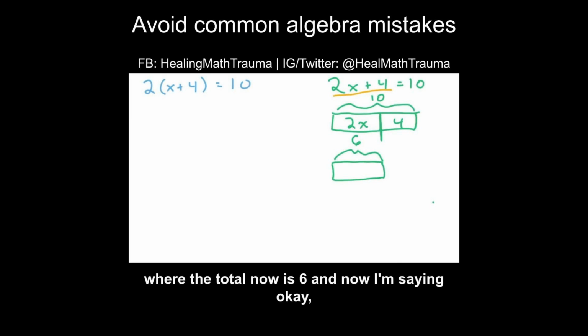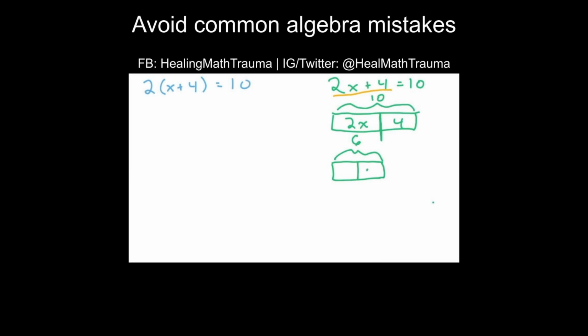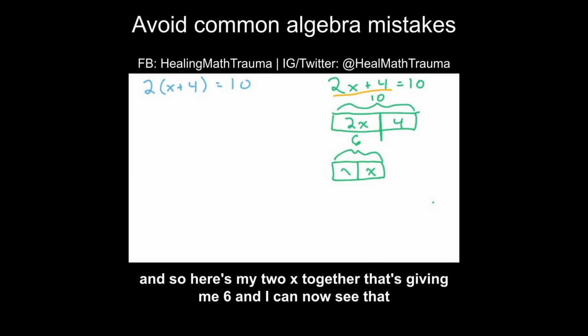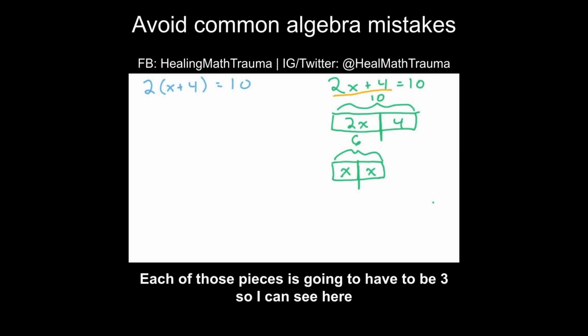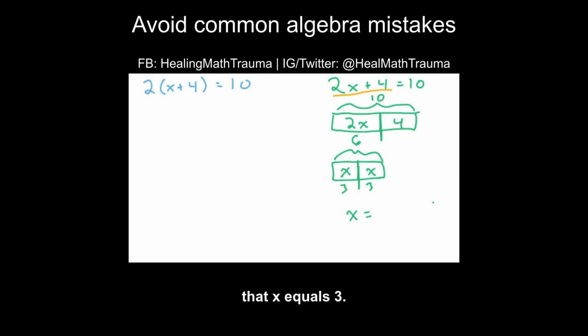And now I'm saying, okay, I have two unknown pieces that together are giving me 6. And so here's my 2x together that's giving me 6. And I can now see that I need to take that 6 and divide it into two even pieces. So each of those pieces is going to have to be 3. So I can see here that x equals 3.